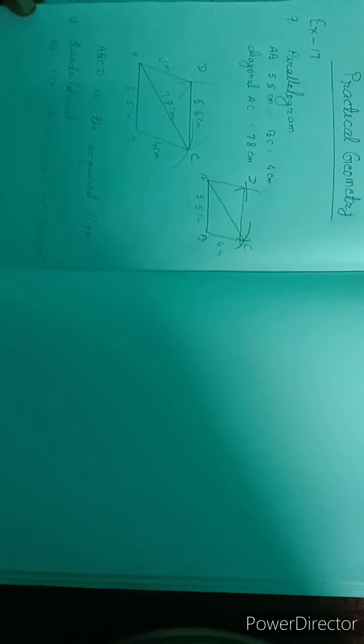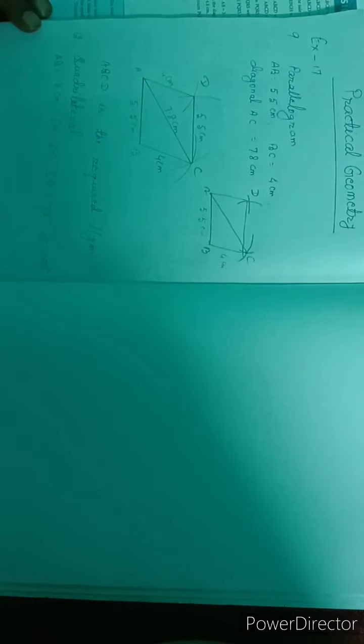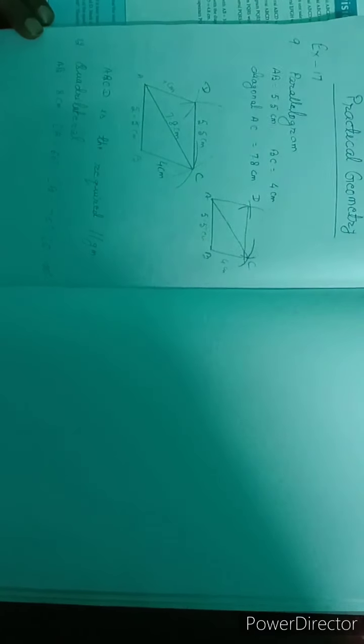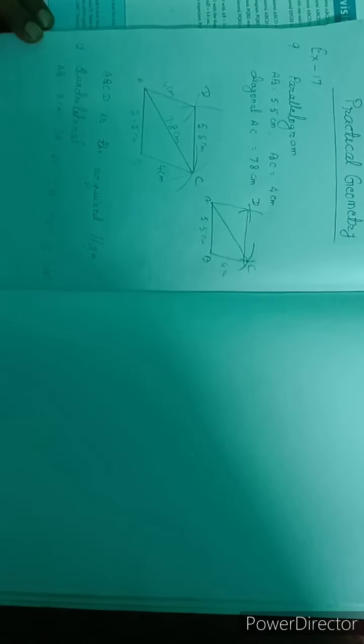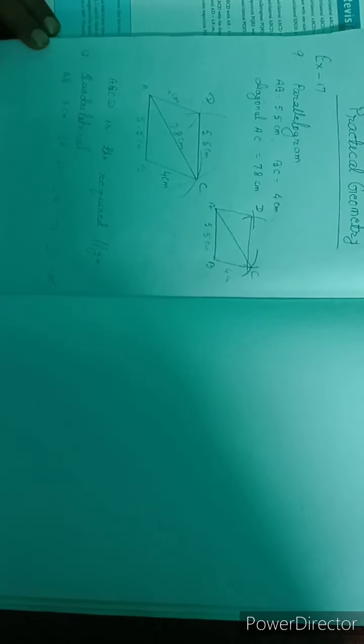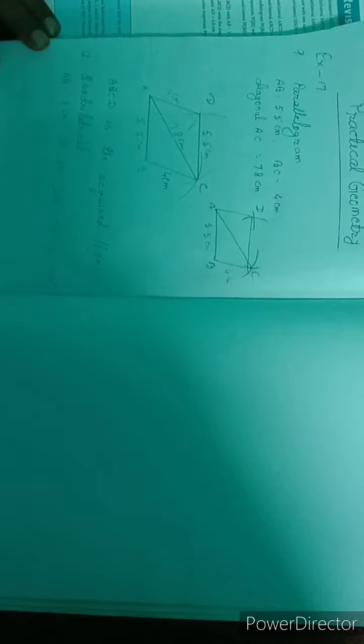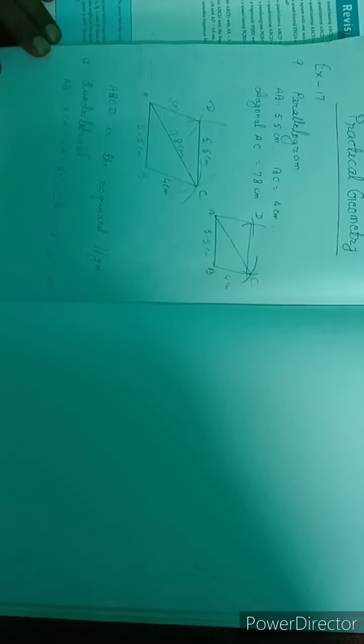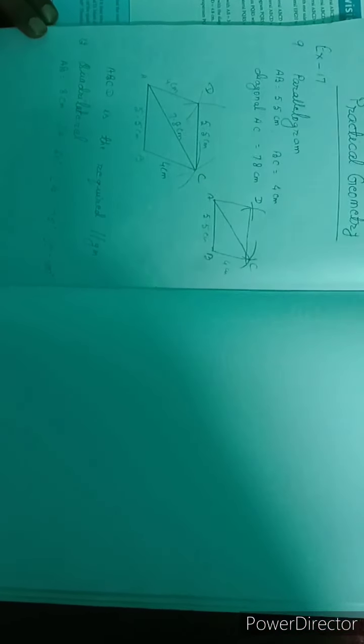My dear students, in question number 11, we are asked to construct one quadrilateral ABCD, and you can see AB is equal to 7 centimeter, BC equal to 6.5 centimeter, angle A equal to 60 degree, and angle Q equal to 105 degree, angle D equal to 90 degree.